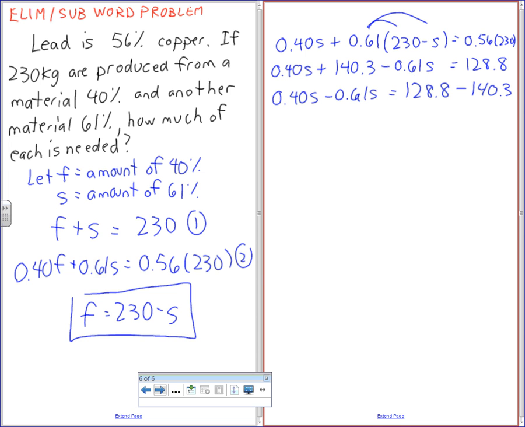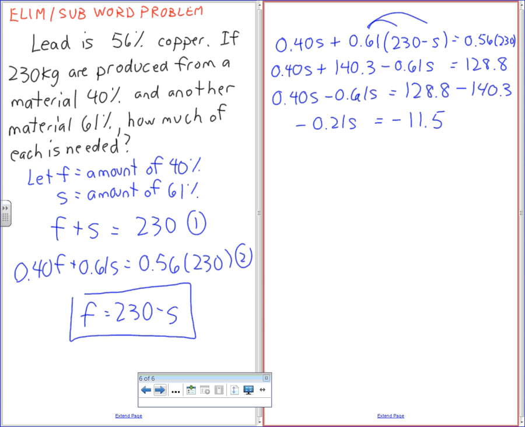What does this turn into? Negative 0.11. And equals negative 11.5. Is it 12 or 11? Is it 11.5? Yeah, I trust her. It looks like 12 for some reason, but that's okay.